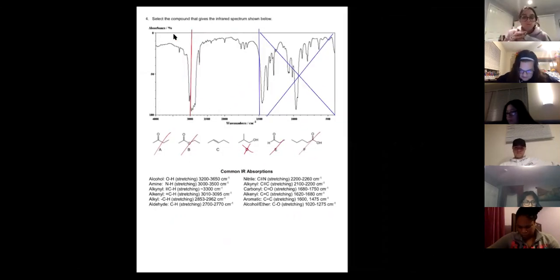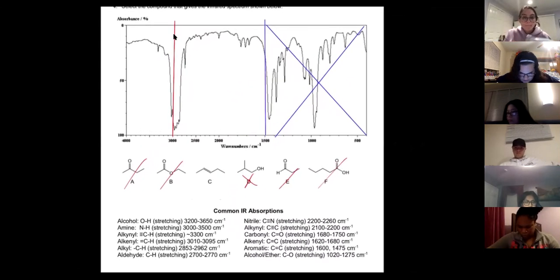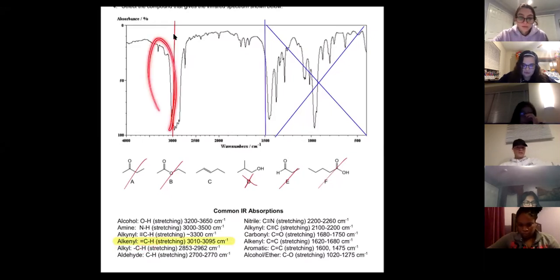And if you take a look down here, I actually included the stretching numbers. So the carbon double bond, that's this peak here. That's just carbon attached to a double bond, right? That doesn't tell the whole story. What you want to look at is this peak where you have carbon-carbon double bond.